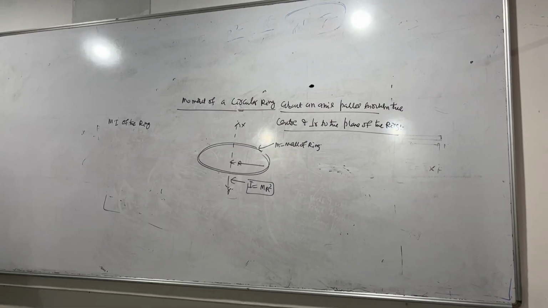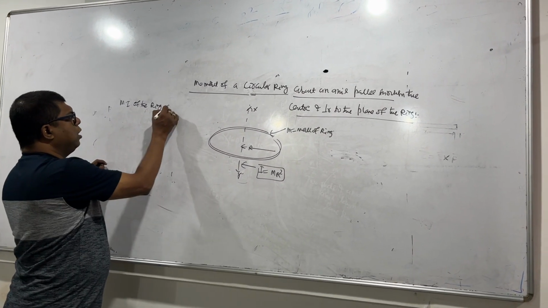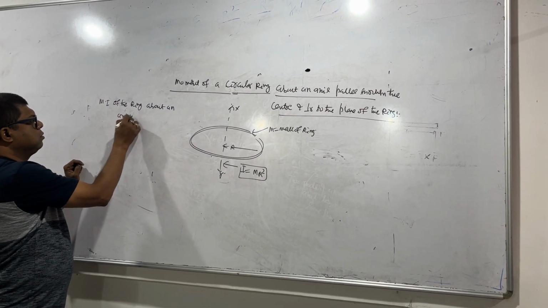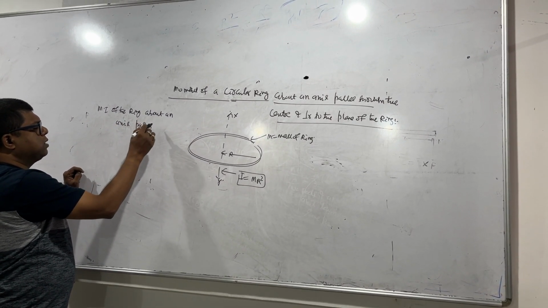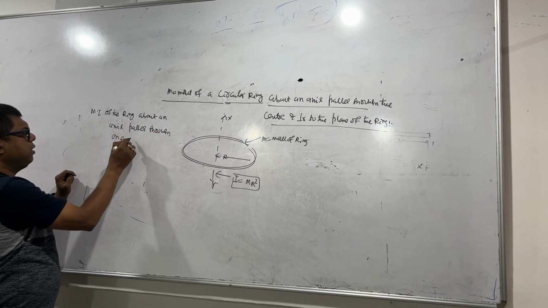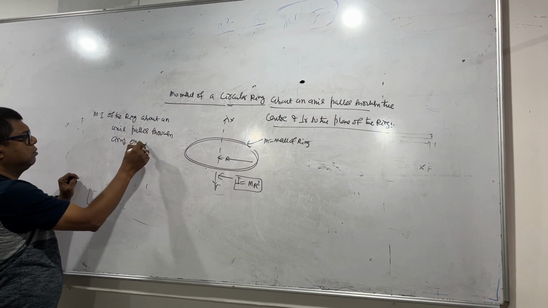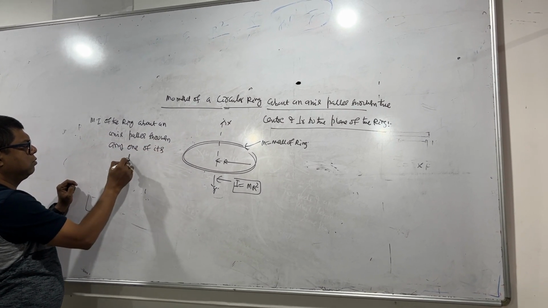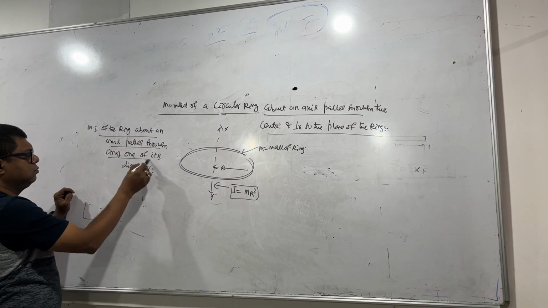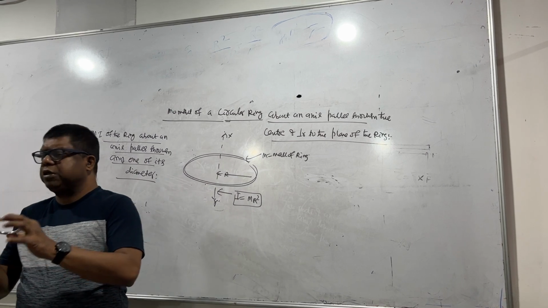So the moment of inertia of a ring about an axis that passes through any one of its diameters has to be calculated.